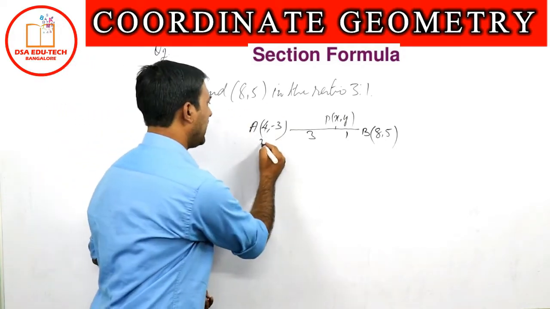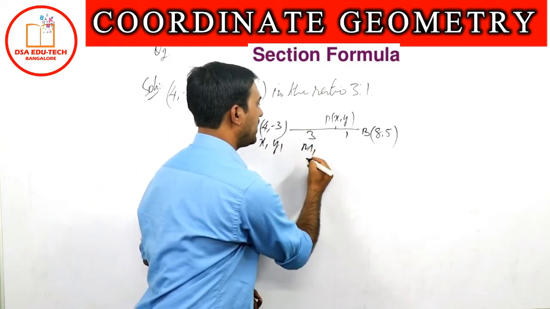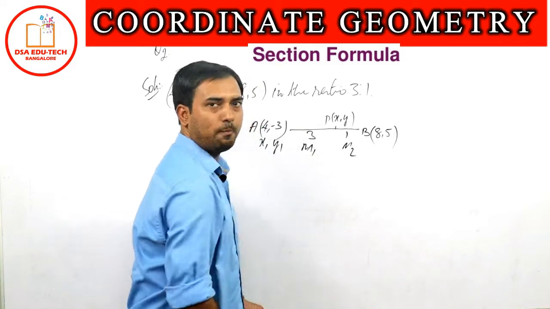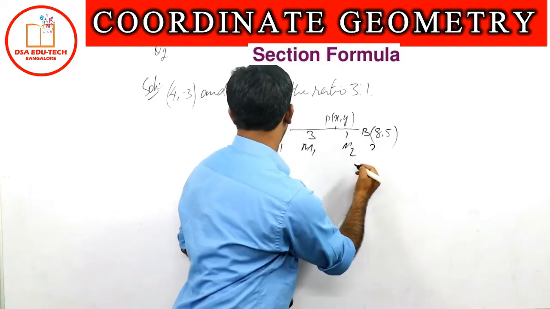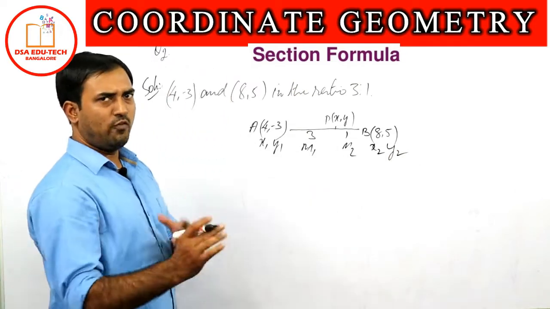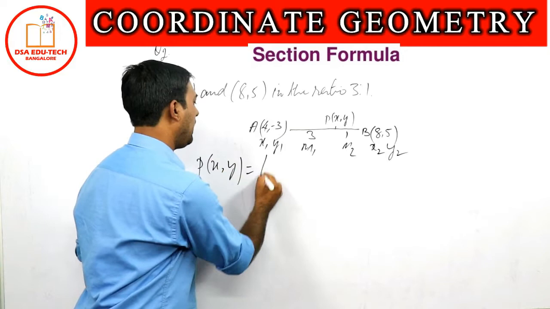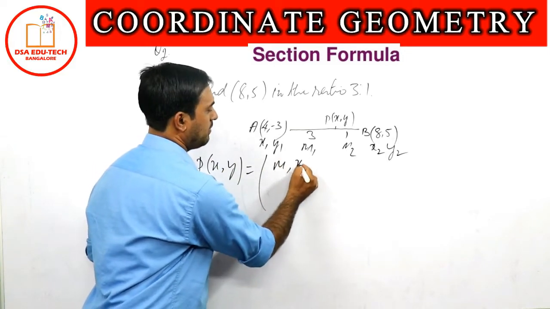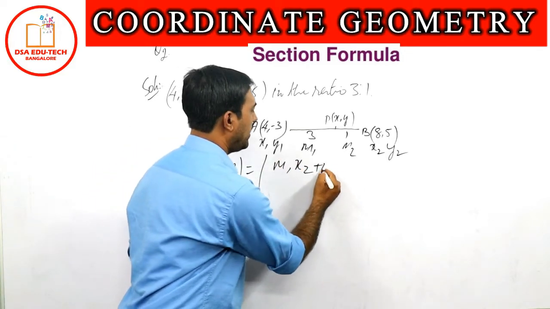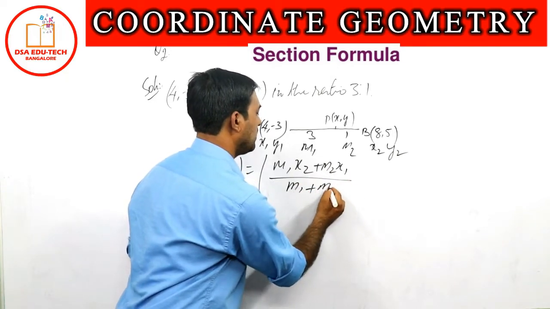Now I'll name it like this: my x1, y1. This is my ratio m1, m2, x2, y2. We know the formula: P of x comma y equals m1 x2 plus m2 x1 divided by m1 plus m2, comma, m1 y2 plus m2 y1 by m1 plus m2.